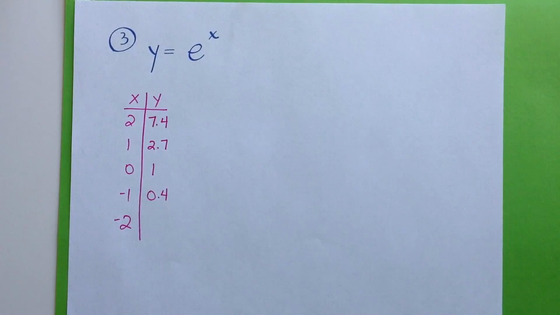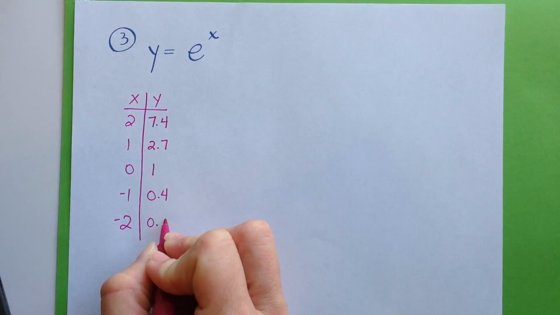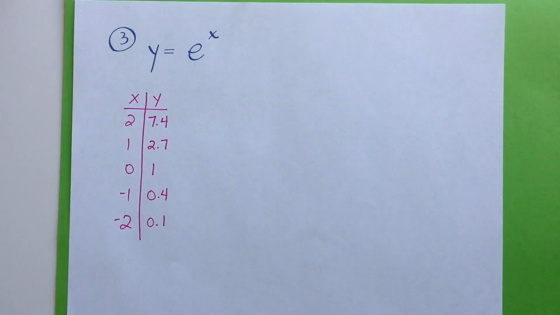And then e to the -2 will be approximately 0.1. Okay.